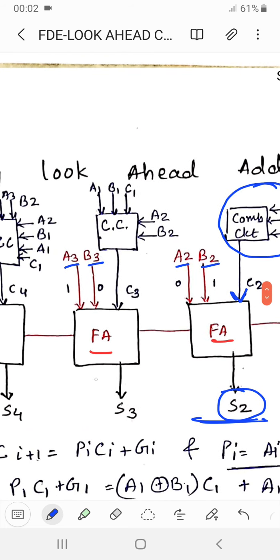So for the third bit, this combinational circuit is required. All the inputs means A1, A2, B1, B2 and carry 1 only.